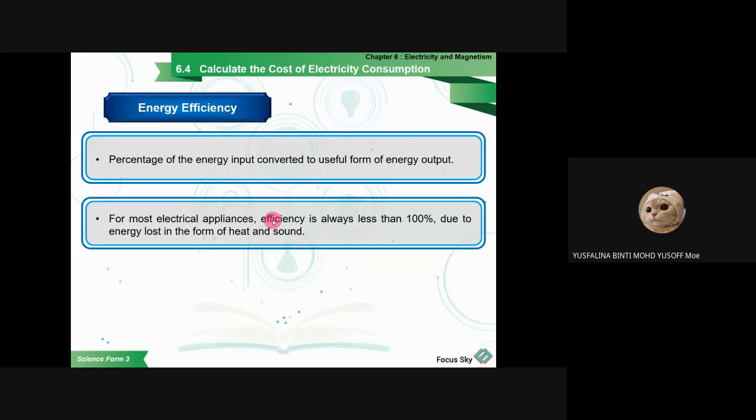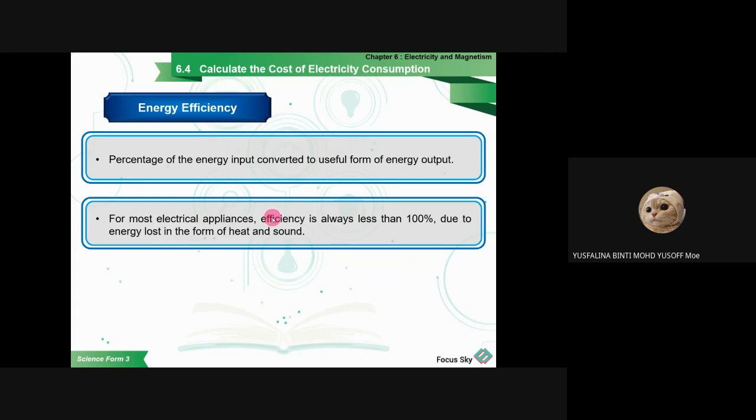There must be energy loss. If you feel the back of your refrigerator, you can feel it is hot, right? So the energy loss is transformed to heat. Sometimes you can also hear the refrigerator make sound, so energy is also transferred to sound energy. That's why you cannot get 100%.